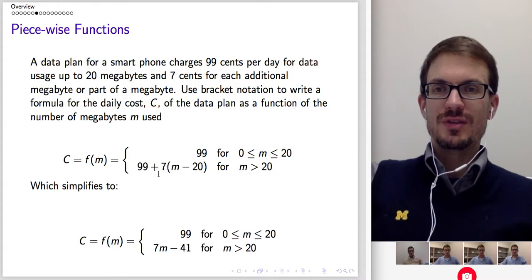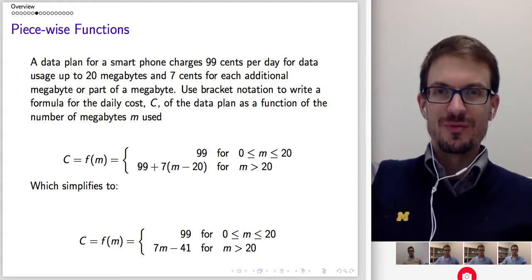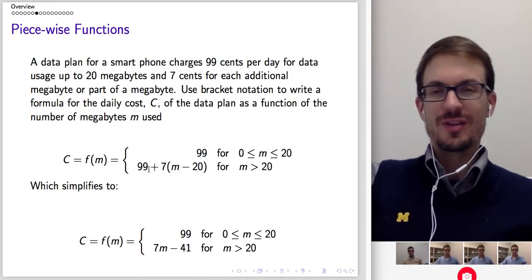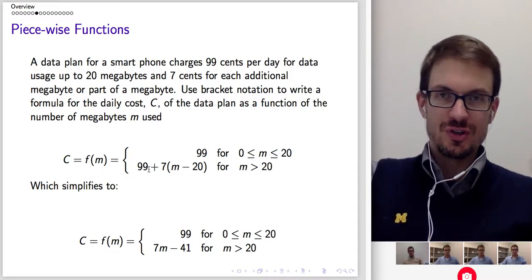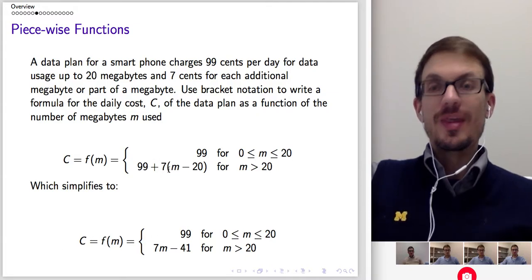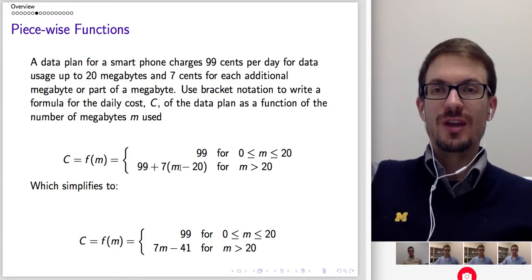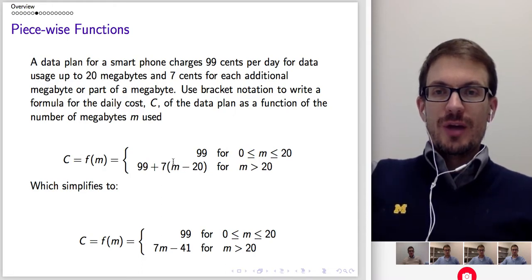So I have 7 cents times the megabytes used beyond 20. And why plus 99? It's because we start with 99 cents and then we're paying another 7 cents for each additional megabyte beyond 20. And that is exactly what this portion is getting us. This term, this quantity m minus 20. Think about how this is working.